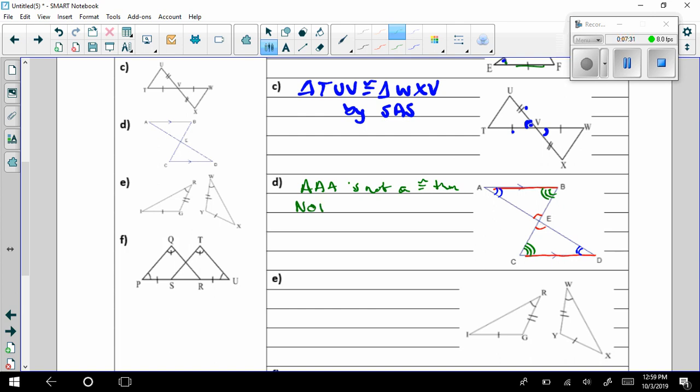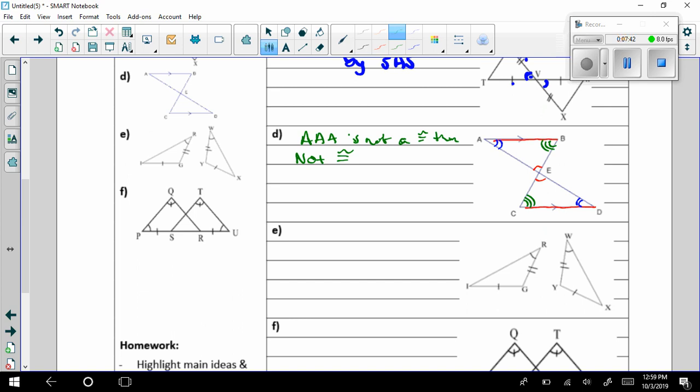So these are not congruent. All right, so pay attention to that. Same thing here. We have an angle and then a side and then a side. So these are not congruent because side-side-angle is not a theorem.